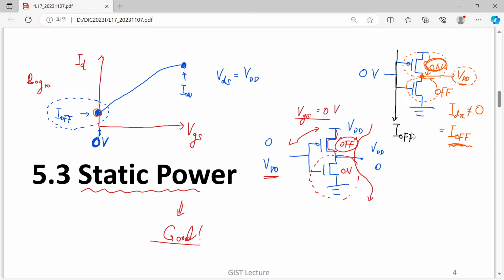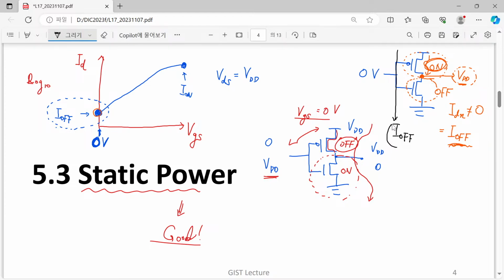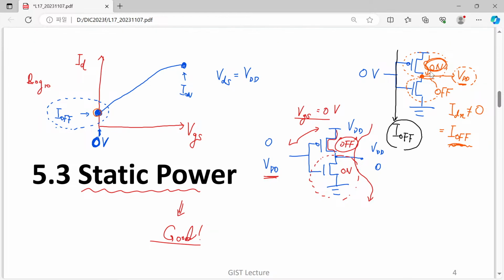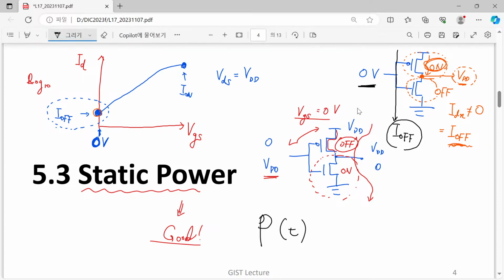So now we have constant I off through these serially connected transistors. Then our question is, what is power consumption at a given time? Let's say that we just keep this input voltage as 0 and output voltage as VDD, but still we have power dissipation.